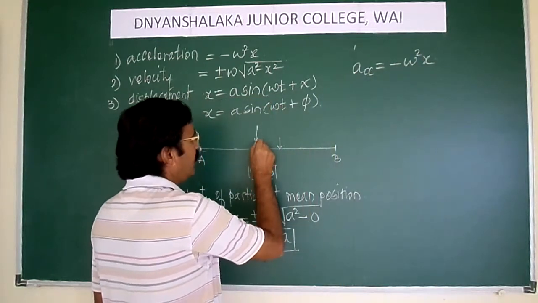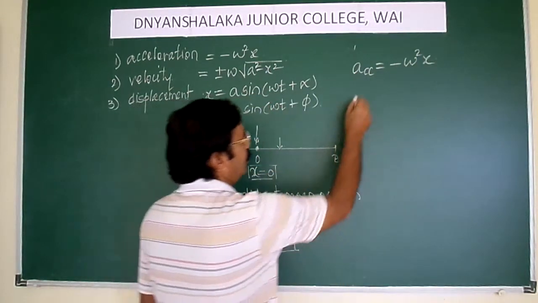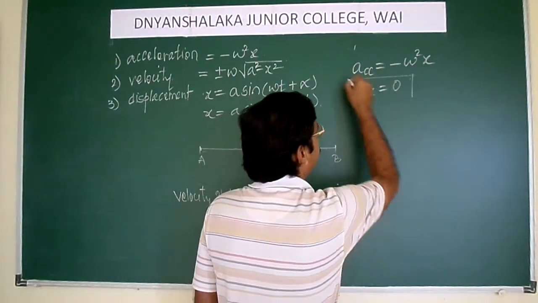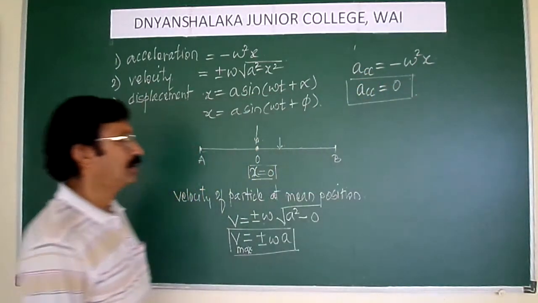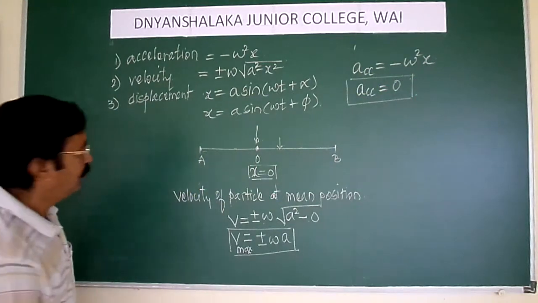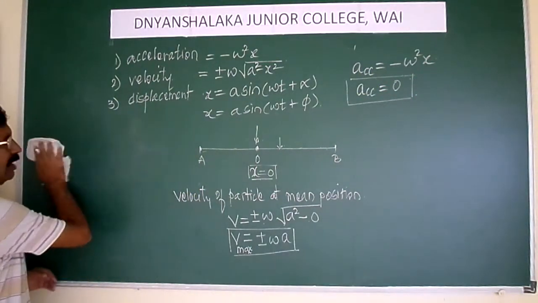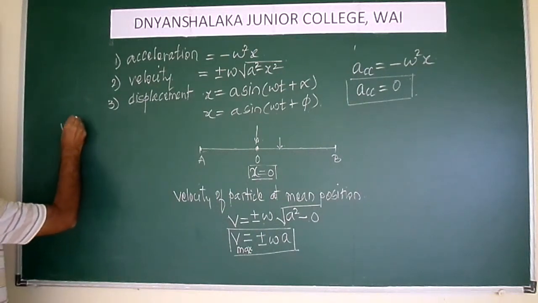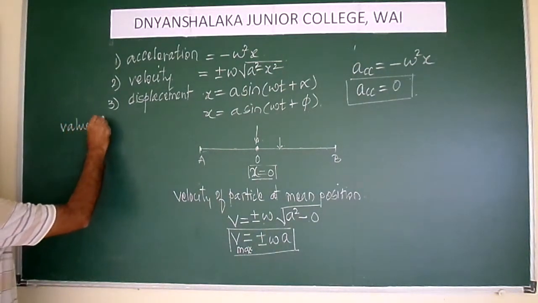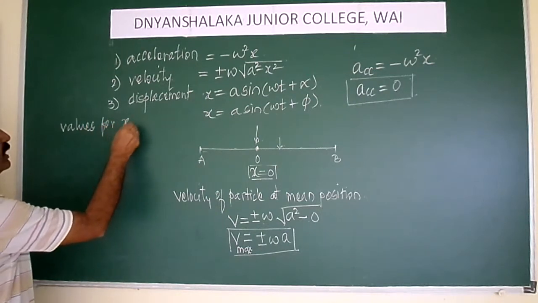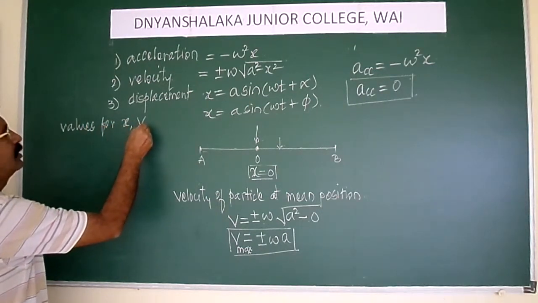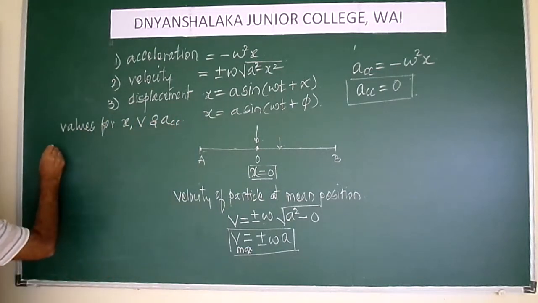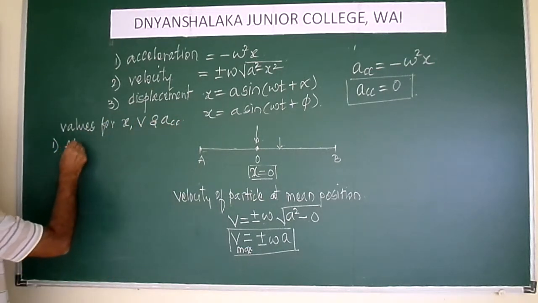For the mean position, the value of x is 0, so acceleration becomes equal to 0. And so we can now record values for x, v and acceleration number 1 at mean position.